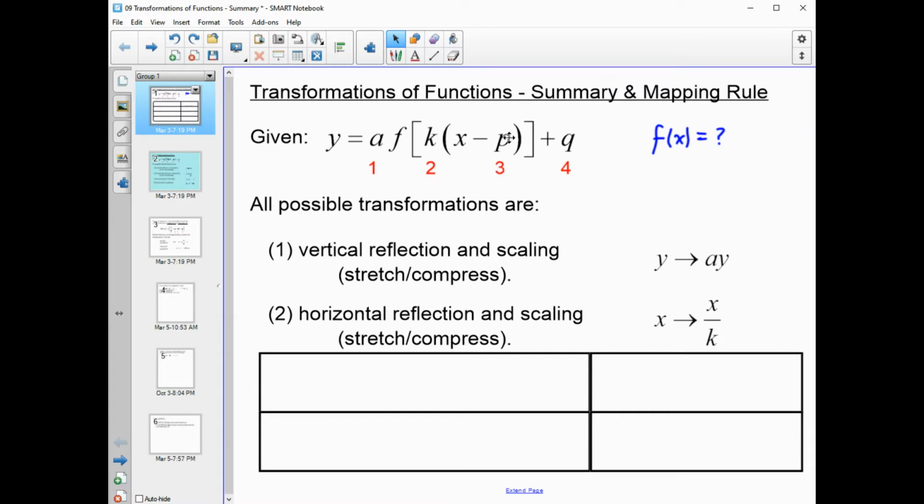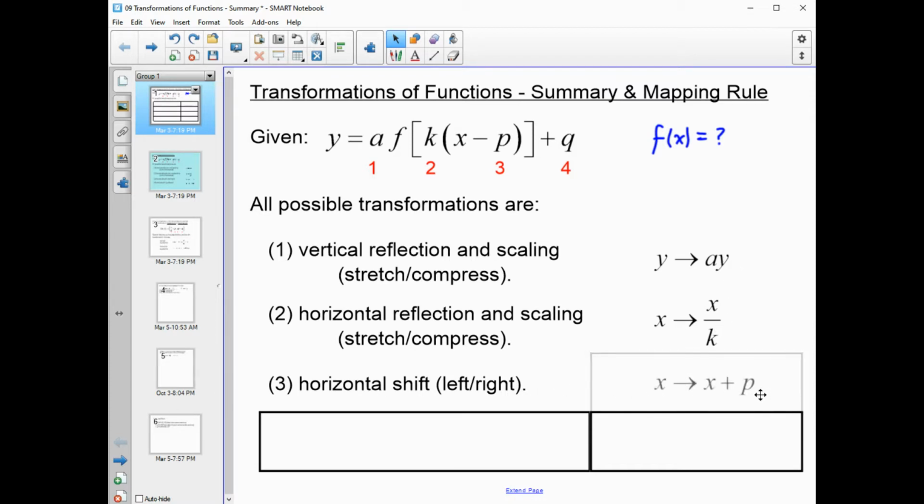Continuing left to right, we get to our x minus p. It is important that it's thought of in this form, x minus p. That's the standard form. And that p parameter tells you about a horizontal shift to the left or to the right. Now, instead of multiplication or division, a horizontal shift is going to involve addition.